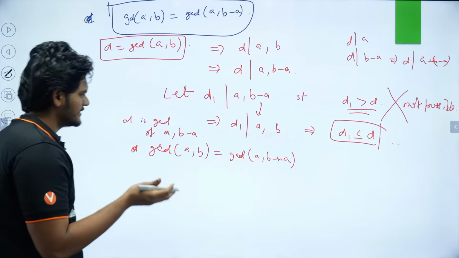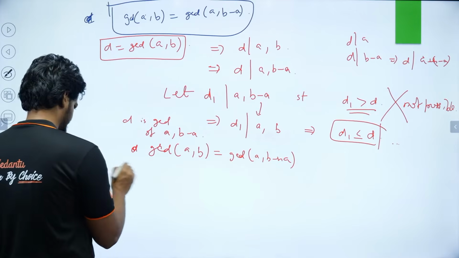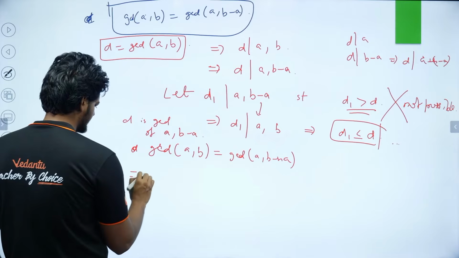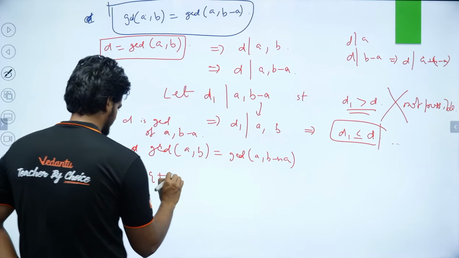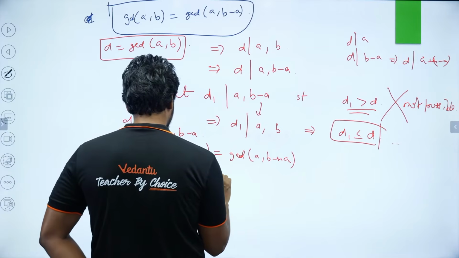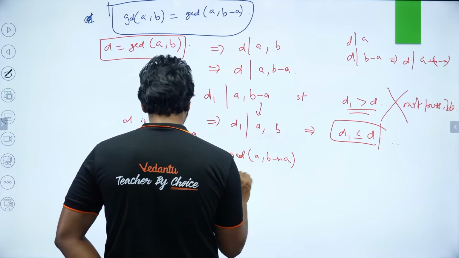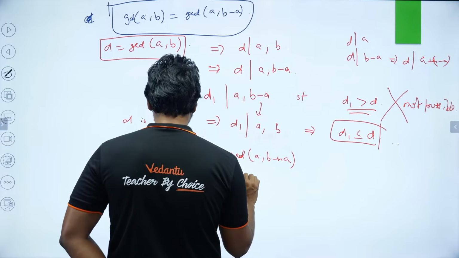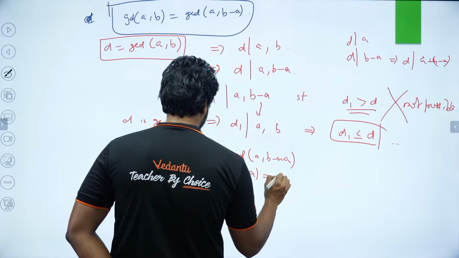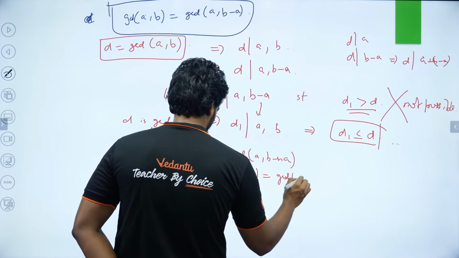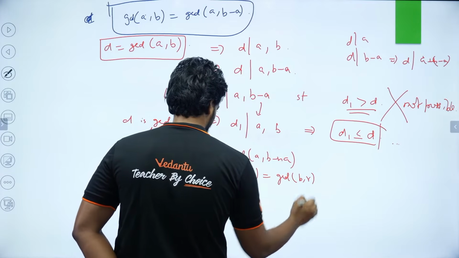Now, why is that important? It is important because if we can write B is equal to AQ plus R, then that would imply that GCD of B comma A is same as GCD of B comma R.